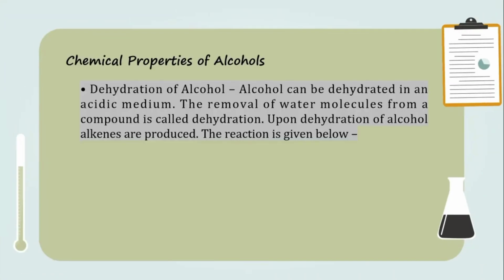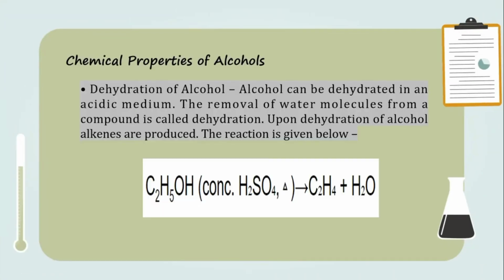The next chemical property is dehydration of alcohol. Alcohol can be dehydrated in an acidic medium. The removal of water molecules from a compound is called dehydration. Upon dehydration of alcohol, alkenes are produced. So when you dehydrate alcohol, it produces alkenes.